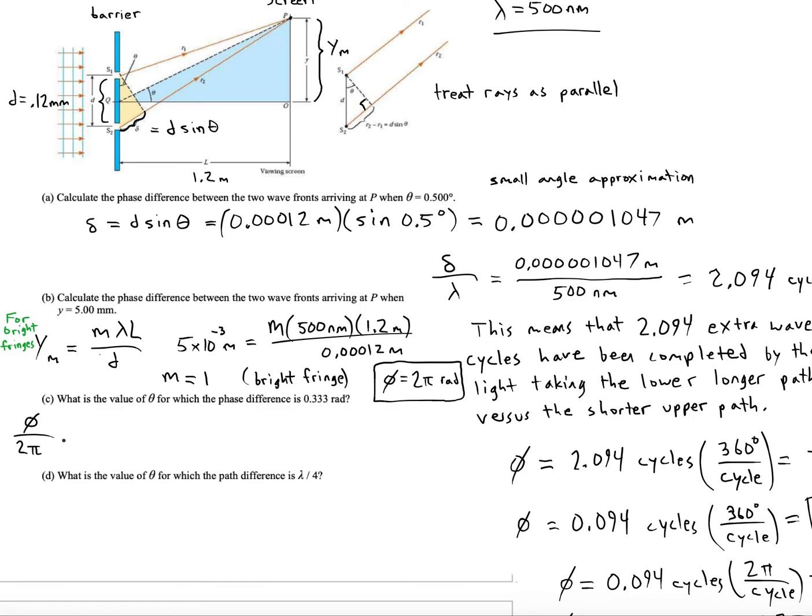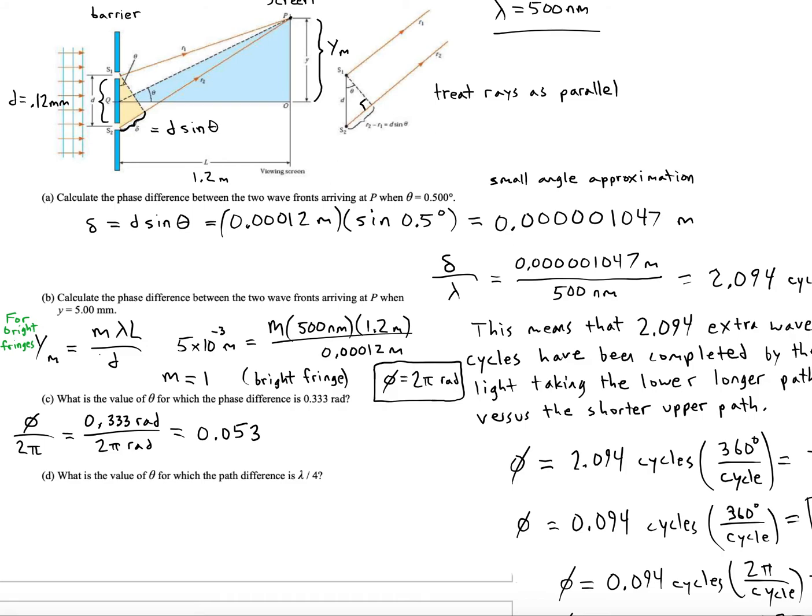That'll be the number of wave cycles completed. So let's put in 0.333 radians, divide by 2 pi radians. We get 0.053, and that's the fraction of a cycle that's been completed.